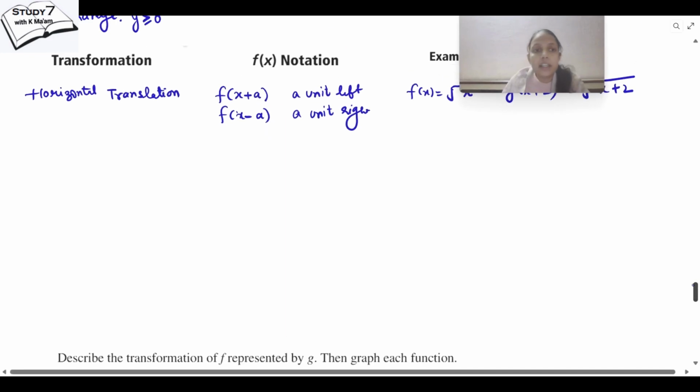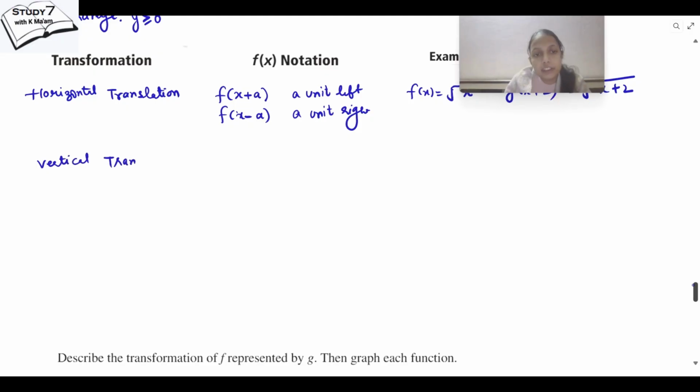Now vertical translation. In vertical translation, it is up and down. For the original function f of x, you are either adding a or subtracting a constant outside. If you are adding, that means you are shifting a units up.